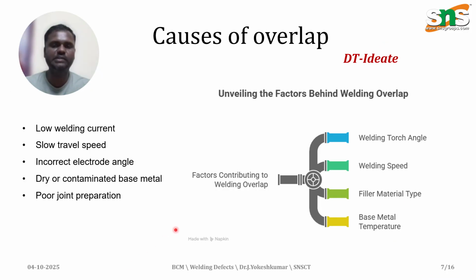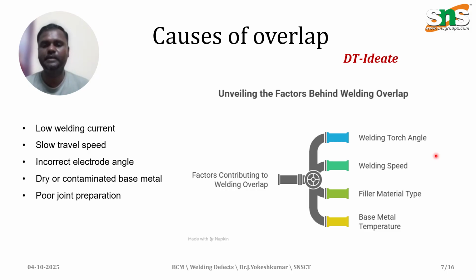So what are all the causes for overlap? Here I have listed the causes. One is the weld torch angle. When you are not following a proper weld torch angle, it leads to overlap. Then welding speed. When you weld slowly with the metal during the arc welding process, there may be a chance of overfilling of metal, which leads to overflow.